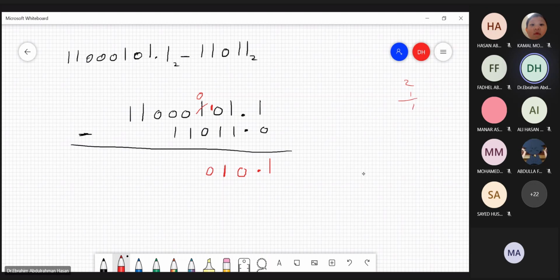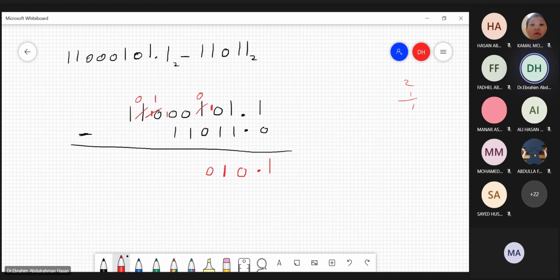Okay, here I have 0 minus 1, I cannot do it, so we need to borrow. So borrow from here, it becomes 0. Then this one becomes 1 0, which is 2. If you borrow 1 from 2, then this becomes 1. So this one becomes 2.